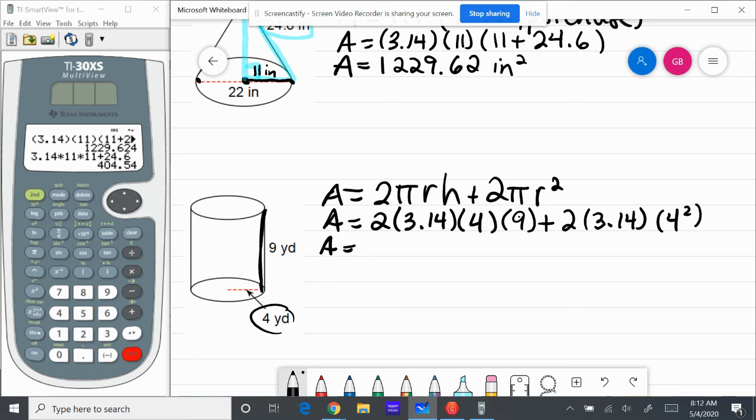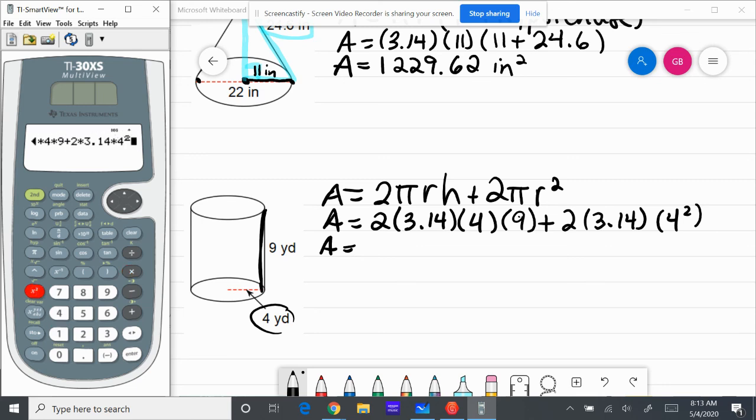Okay, a lot of numbers to punch in, so just be careful as you punch them in. So we have 2 times 3.14 times 4 times 9. That's the first part. Let me double check it before I continue. Okay, looks good. Plus 2 times 3.14 times 4 squared.